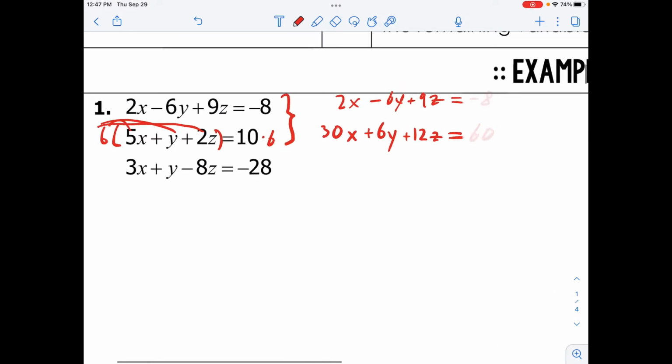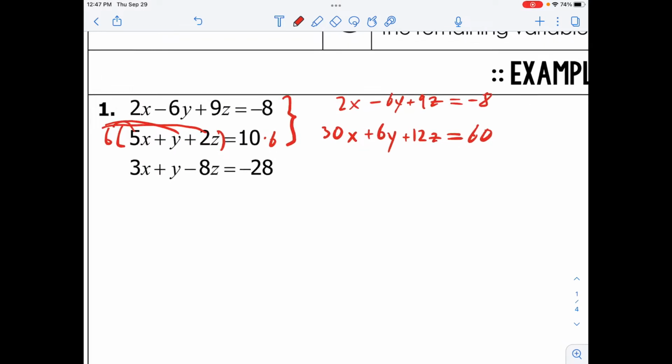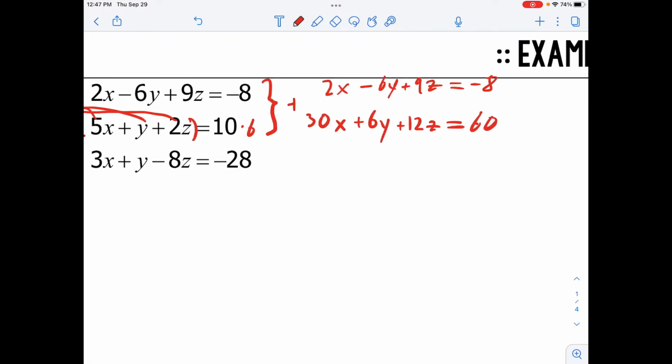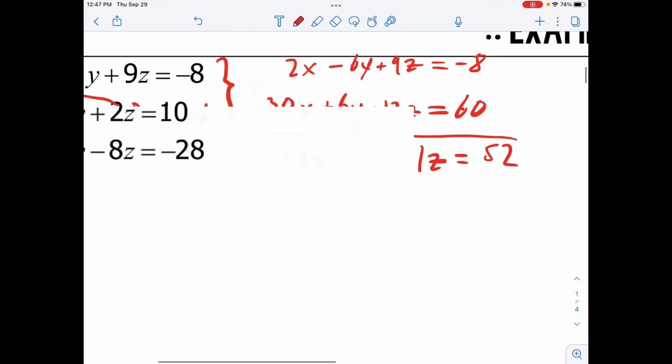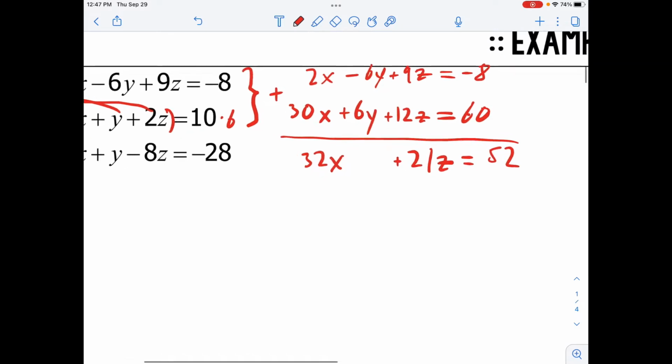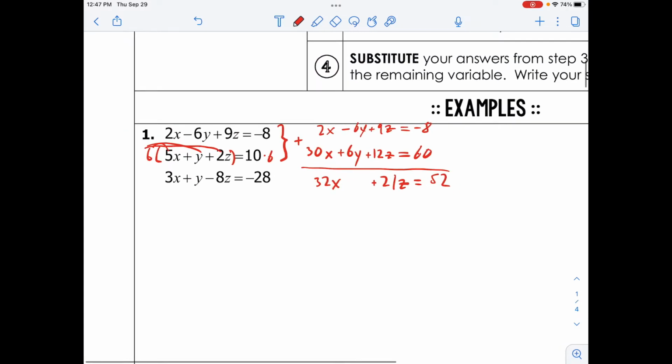So I still have that first equation. And then when I add them together, I get 32x plus 0y, the y's cancel, plus 21z equals positive 52. So I have this red equation here. I'm going to leave that be for now.